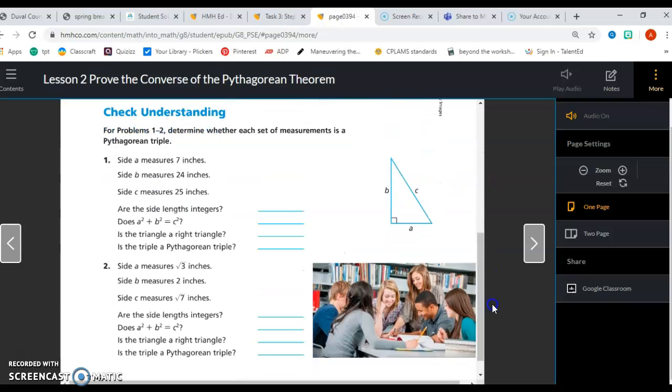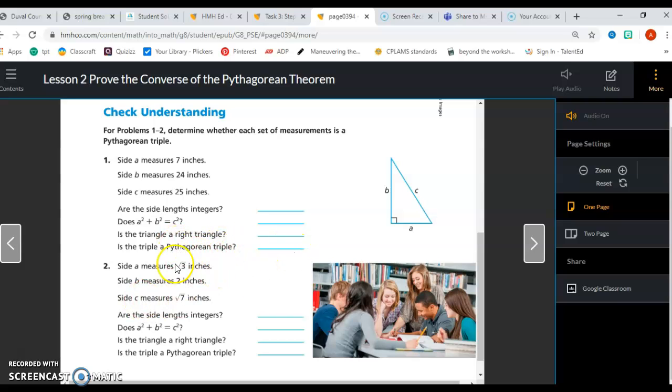You're asking yourself, are these measurements integers? Does the Pythagorean theorem prove a true statement? If a squared plus b squared equals c squared, then is it a right triangle? And finally, if you have yeses to all three of these questions, then is it a Pythagorean triple?